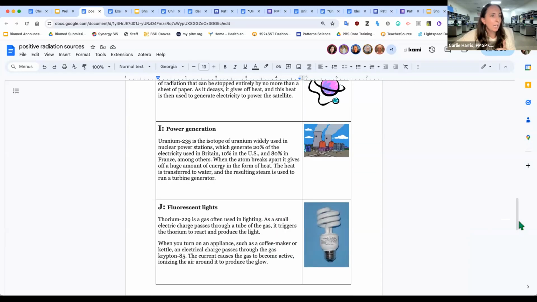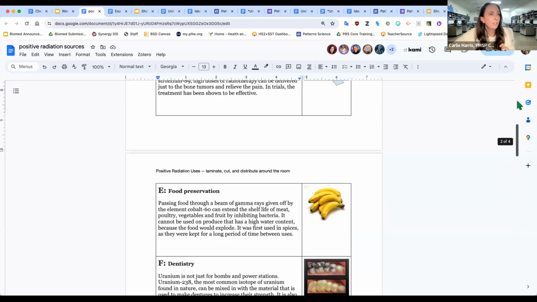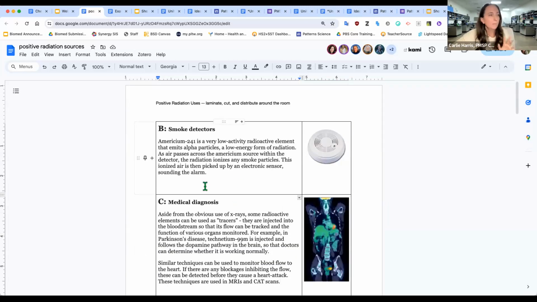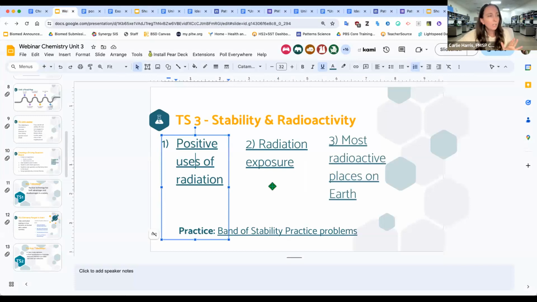And of course, you're welcome to use this in a digital way if you wanted to make these slideshows or something like that, right? You have access to the document, and you are welcome to add in different things that you might want to add. So that's part one of the activity, the positive uses of radiation.